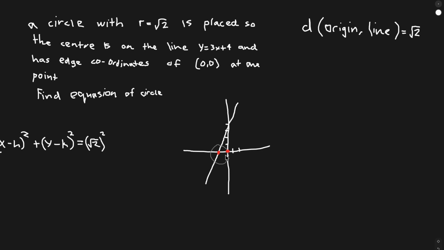So let's make a circle at the origin with a radius of root 2, and then let's see where it crosses this line here. So we're going to get x squared plus y squared is equal to 2.